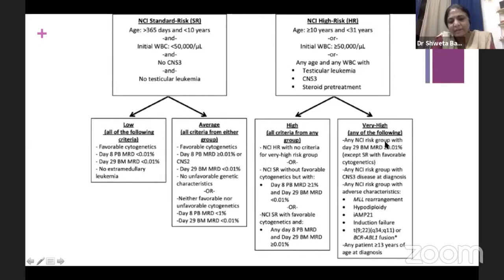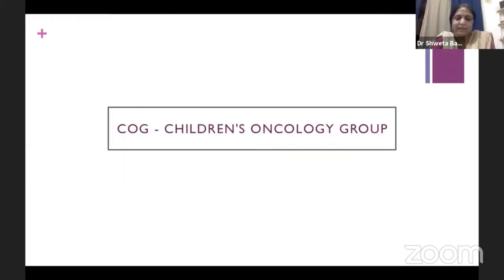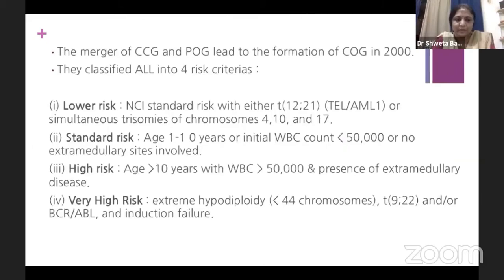In very high risk, they also included adverse characteristics like MLL gene rearrangements, hypodiploidy, intrachromosomal amplification of chromosome 21, induction failure, and Ph positive and Ph-like cells. And any patient 13 years of age or older was also considered high risk in this stratification.